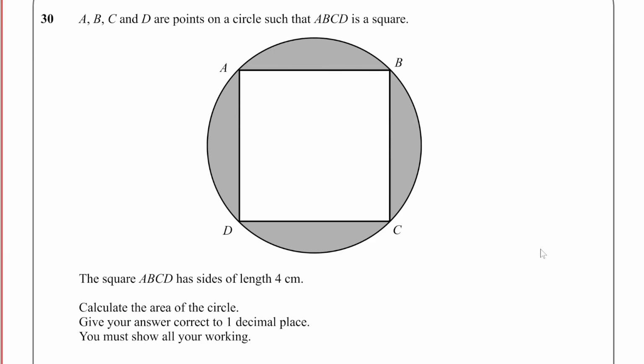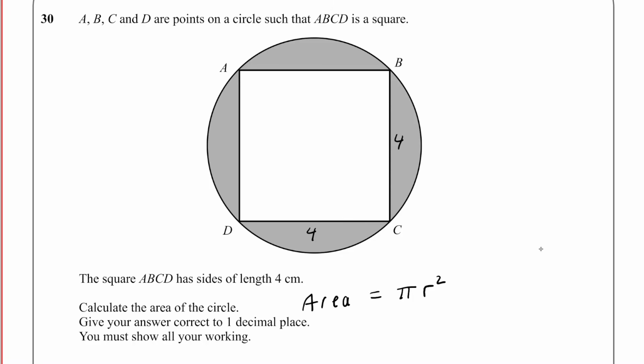And question 30. A, B, C, and D are points on a circle such that ABCD is a square. The square ABCD has sides of length 4 centimeters. Calculate the area of the circle. So in order to calculate the area of the circle, area equals pi times the radius squared.